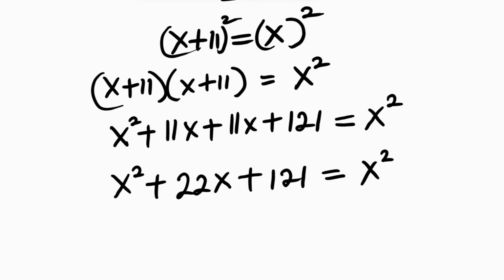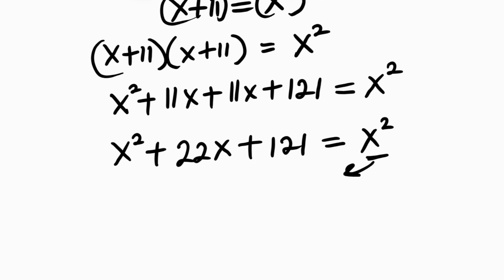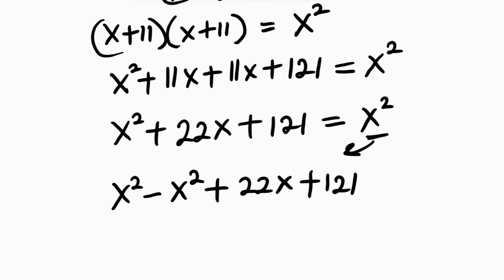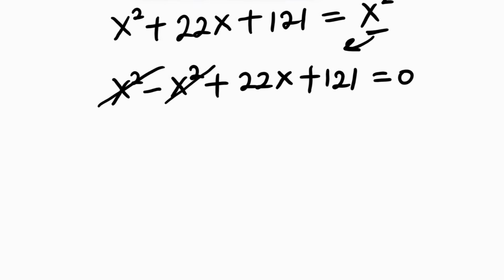Right, so we can move this x squared over to this side, or just subtract x squared from both sides. Okay, so what we have is x squared minus x squared plus 22x plus 121 equals 0. Now, those cancel out, and what we have left is 22x plus 121 equals 0.